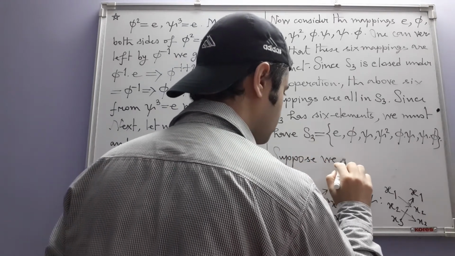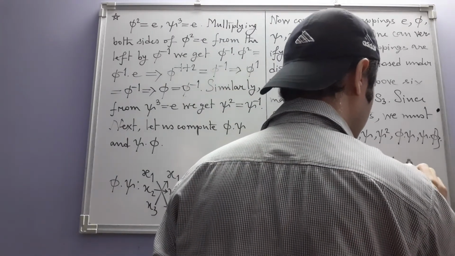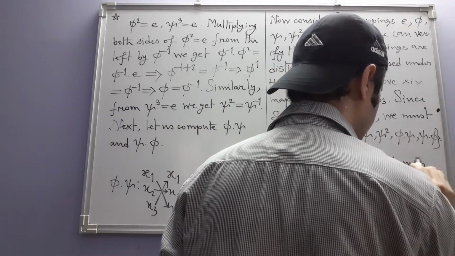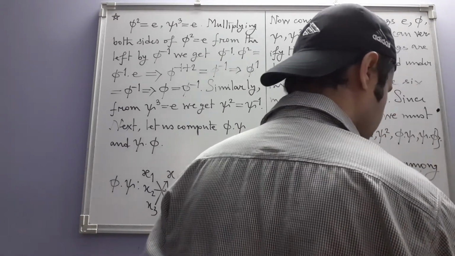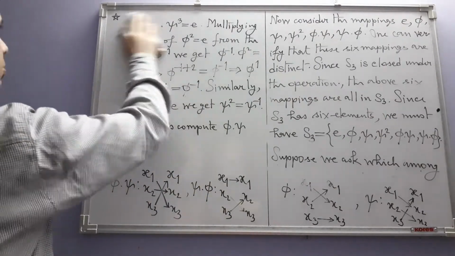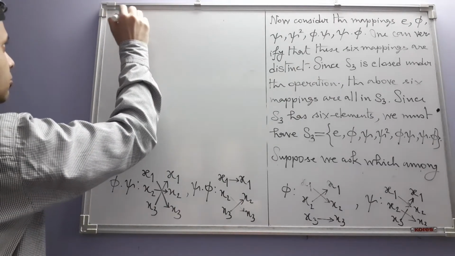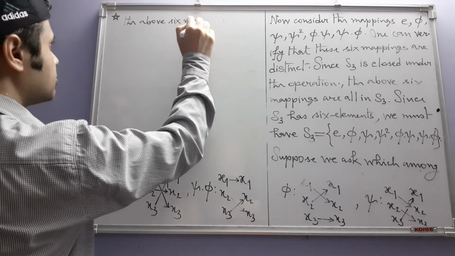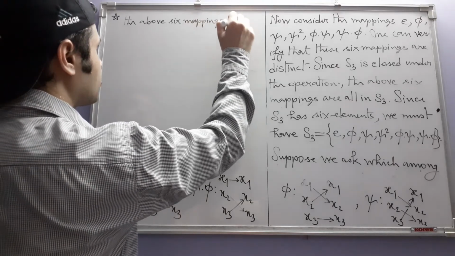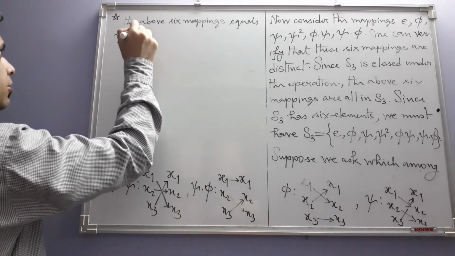Suppose we ask which among the above 6 maps equals psi inverse dot phi.